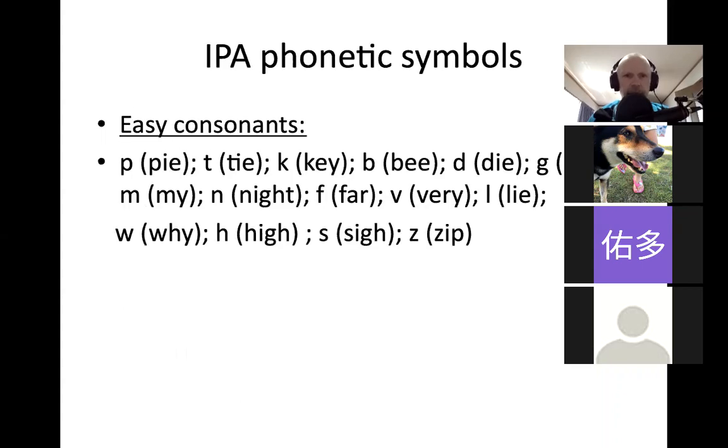Okay. And then you've got the phonetic symbols in IPA. Just go through this very, very briefly. They're all basically the same as the sound in English: p, t, k, b, d, j, g, m, n, f, v. They're all the same. It's ordinary, easy ones. They just sound exactly the same as they do in English.